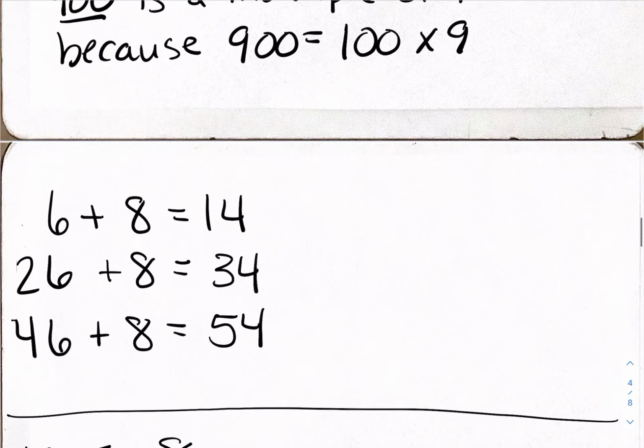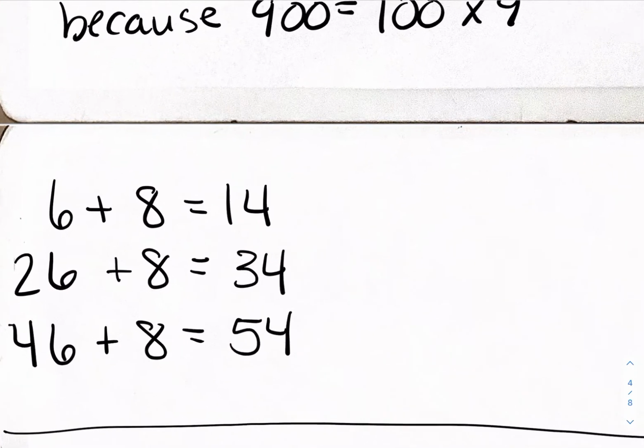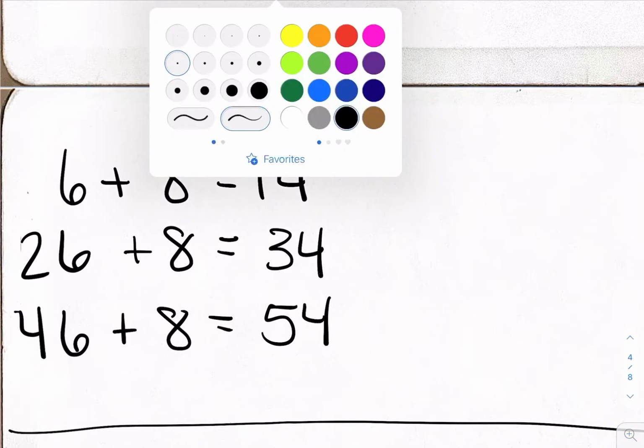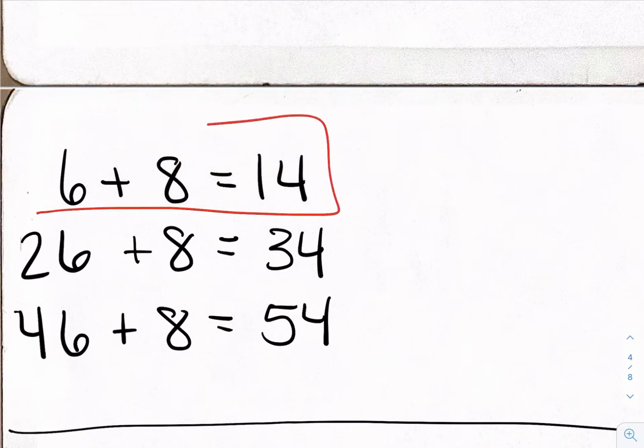But first, I want us to look at these 3 equations. Which one is the basic fact? 6 plus 8 is the basic fact. And what is the same about the add-ins in each problem? So the numbers we are adding.